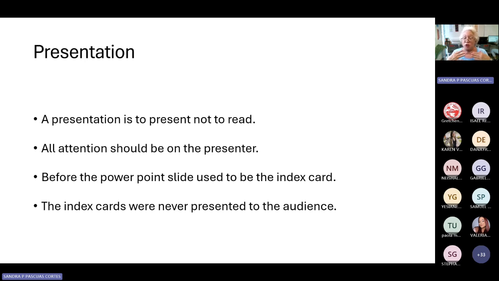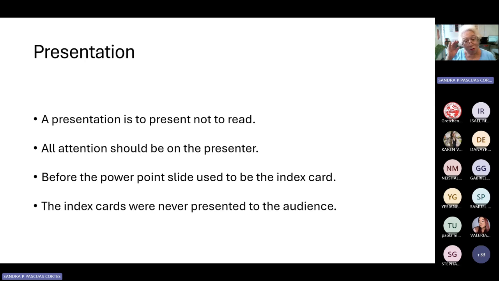You have control of the information, not the PowerPoint. They come to see you. As I said, the PowerPoint slide used to be, in my time when I was studying, the index card. But now it's a PowerPoint presentation.